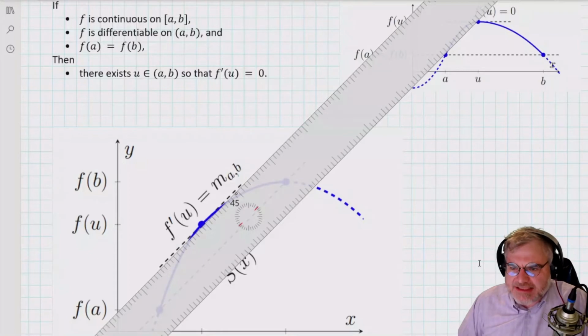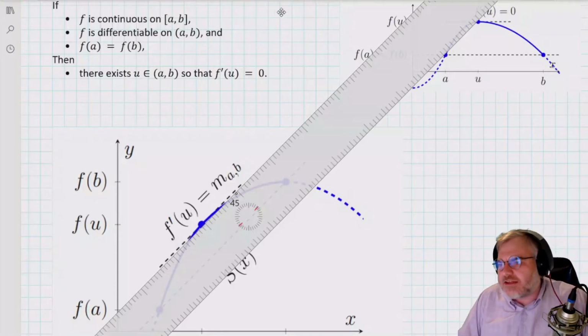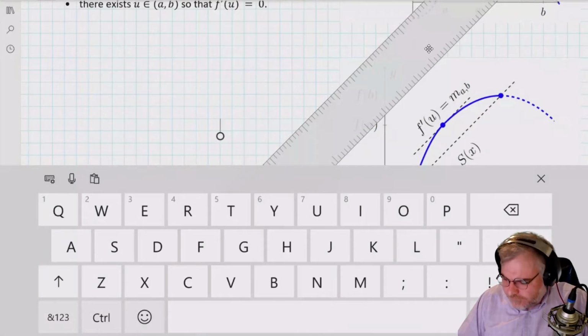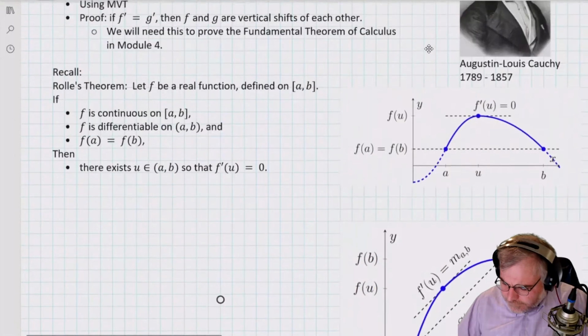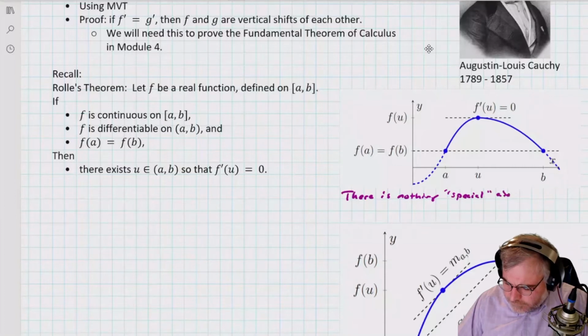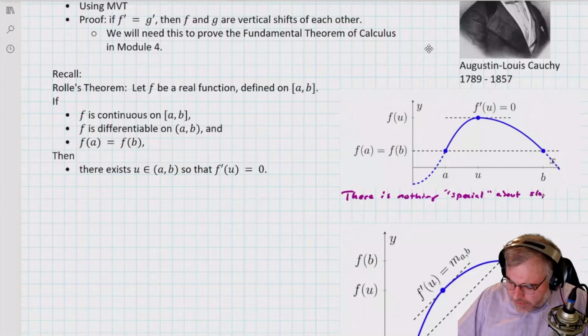That's the big idea of the mean value theorem. There's nothing really special about the slope of 0.